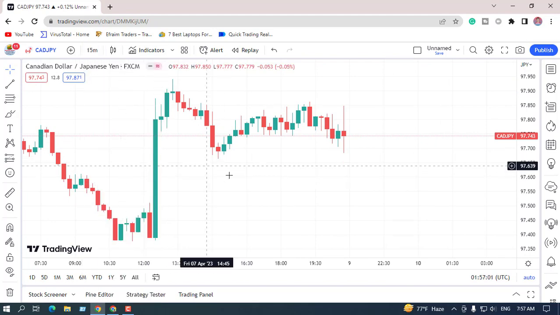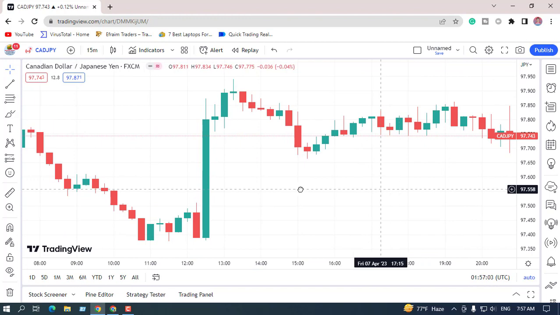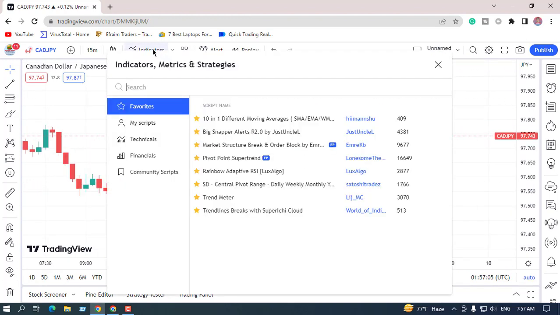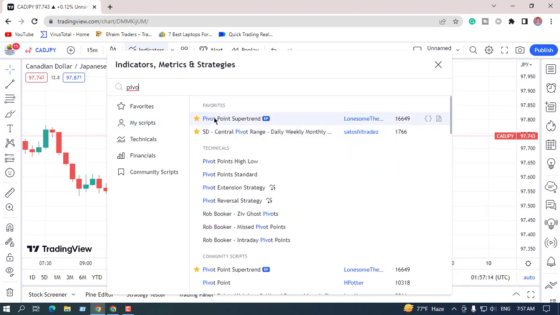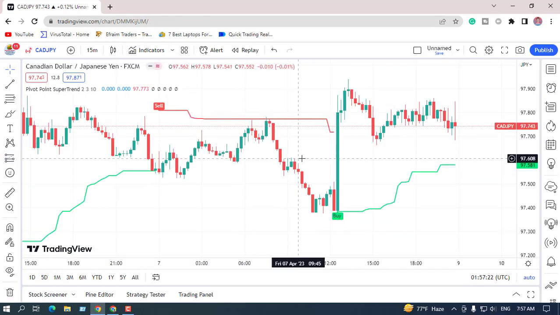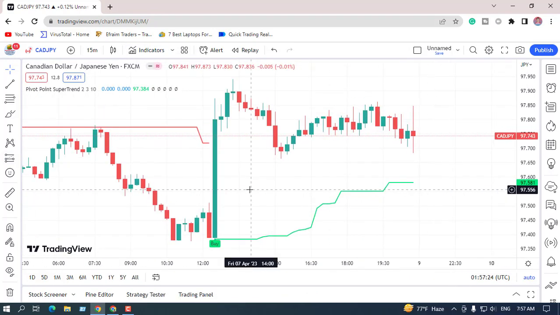Okay, then in the indicator tab, type Pivot Point Super Trend. Okay, click this indicator. As you can see, it is a very good indicator.